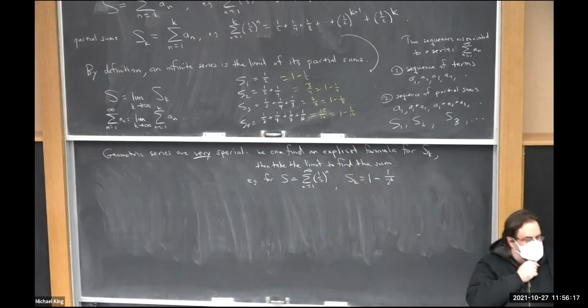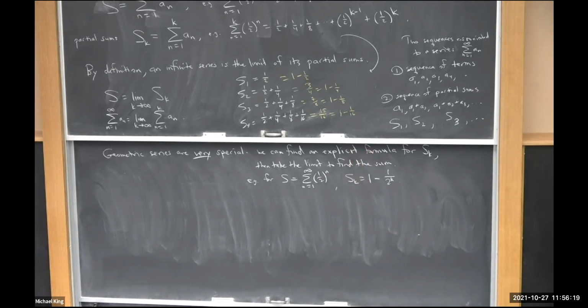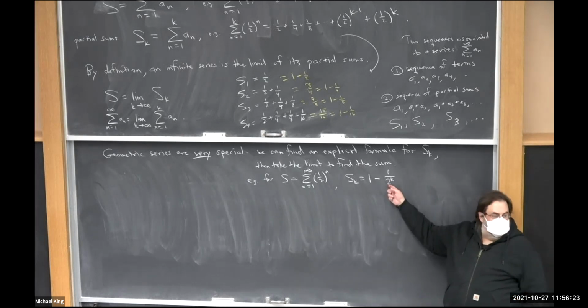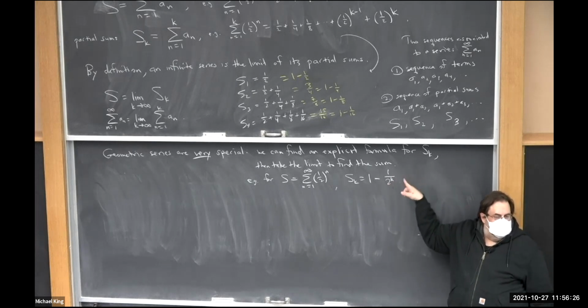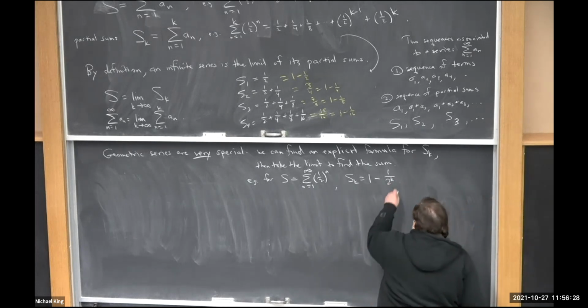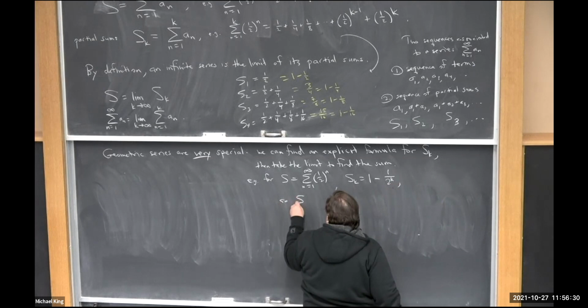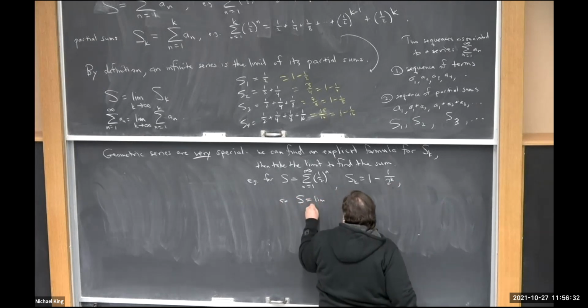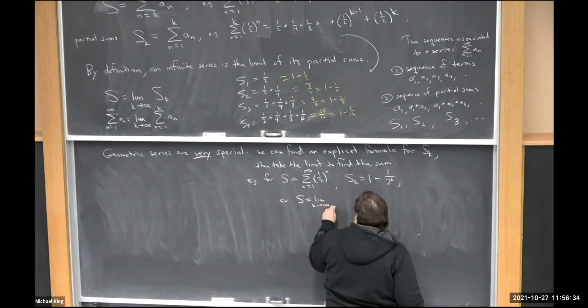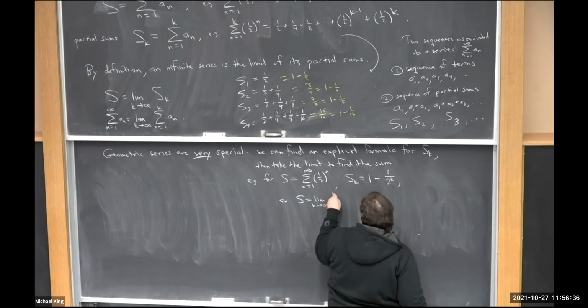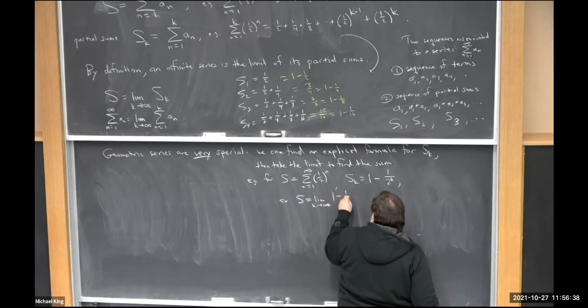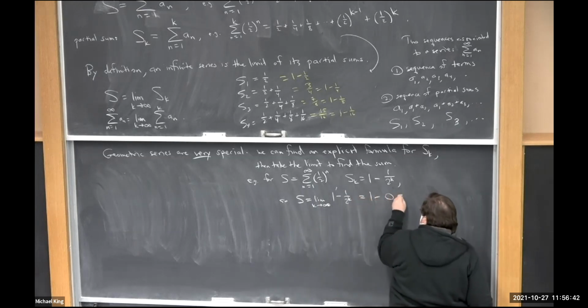Is that right? And then we took the limit, and so S is 1, because as k goes to infinity this term goes away. So S is the limit as k goes to infinity of 1 minus 1 over 2 to the k, which is 1 minus 0, which is 1.